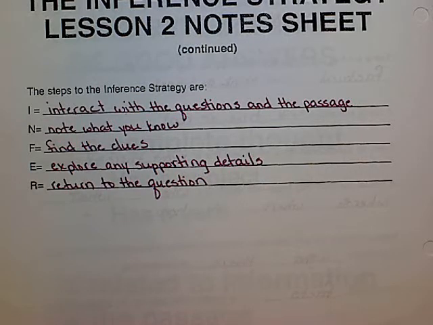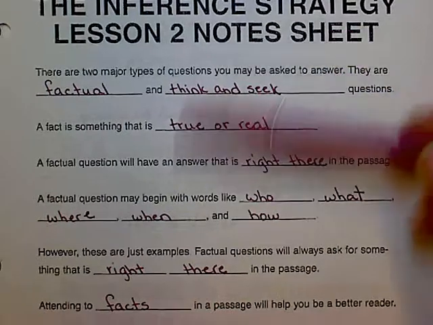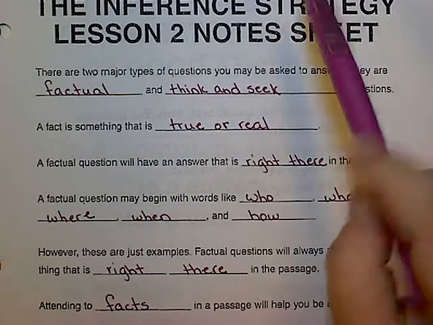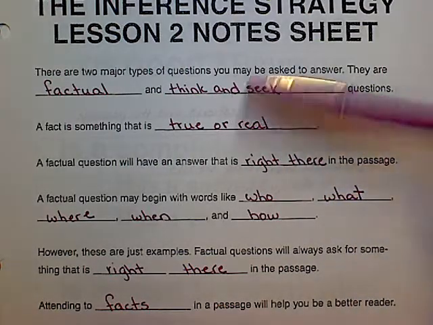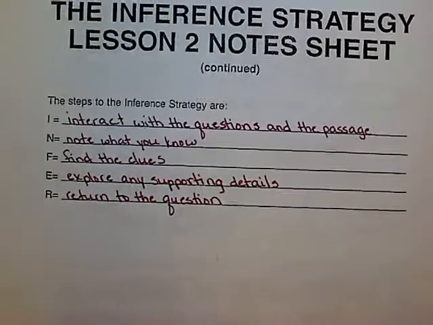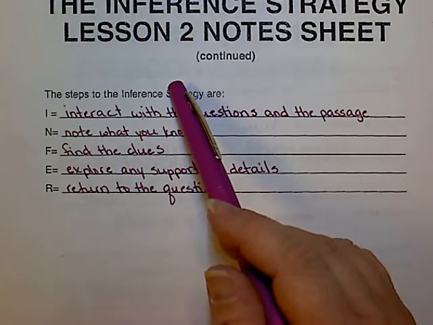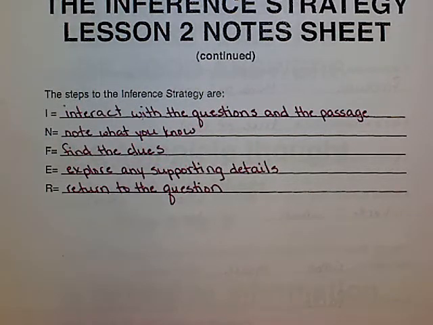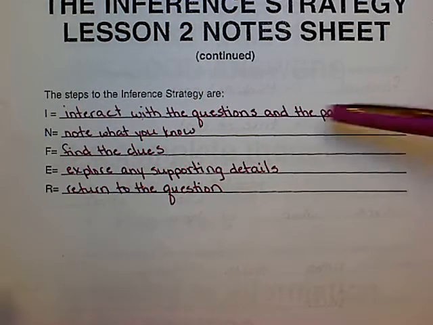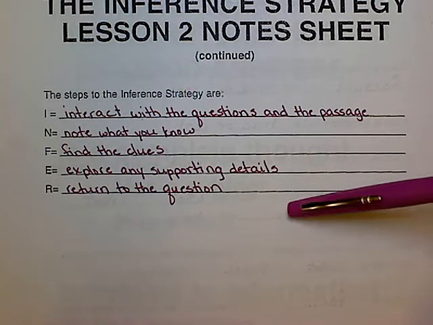Okay, so for the notes section, you've completed what you need to have in order to complete the note sheet. I am doing an independent lesson with you and using the infer strategy to go over your information. So you are actually going to be given a passage and questions that go with it, and I'm going to give you a quick mini lesson on how to do that before you do some independent.